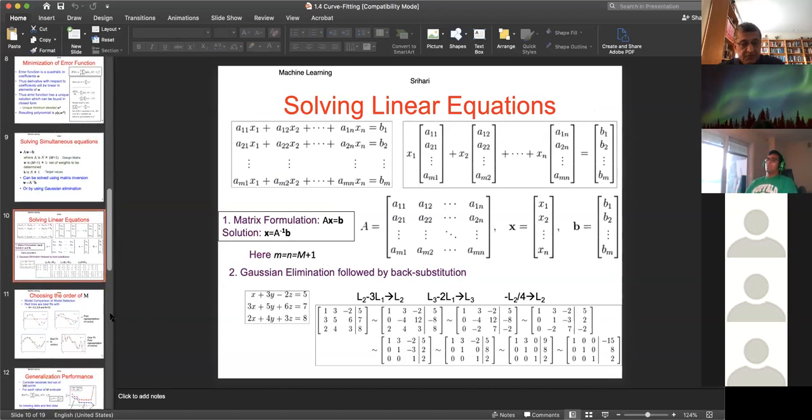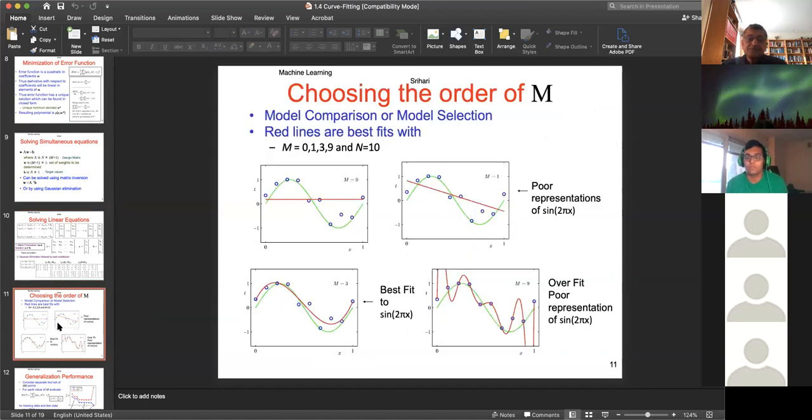So the problem can be solved in these ways. Okay, so that was just about what it takes to solve a set of simultaneous equations and solve the regression problem using that. So let's then look at what should be the degree of the polynomial.